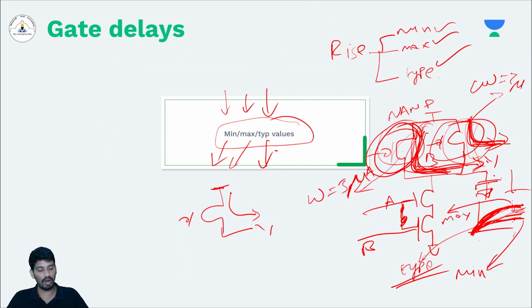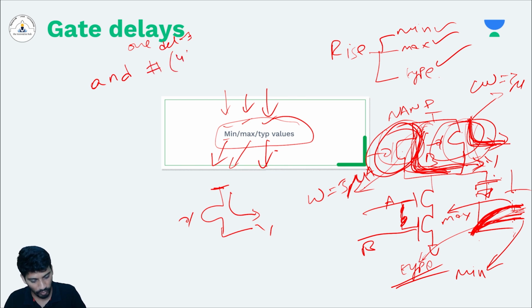But if you really want to define different values like min, max and typical, then the syntax will look something like this. If you want to define typical, min and max, then again let's take the one delay method. In one delay method you can define it like this: and of 4 is to 5 is to 6. So what does this mean? The 5 is the typical value.